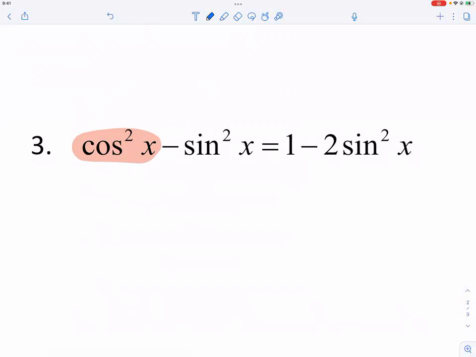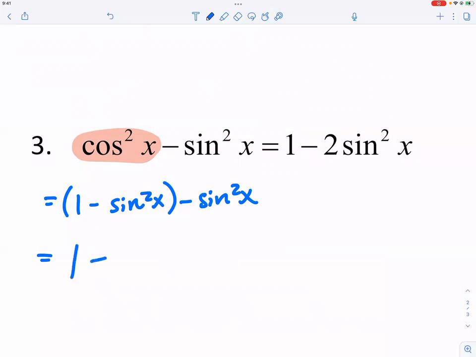So now you think about, what does cosine square x equal to? You say, well, I'm thinking about 1 minus sine square x. Would that work? And you say, well, you have 1 minus sine square x minus sine square x, and that gives you 1 minus 2 sine square x.